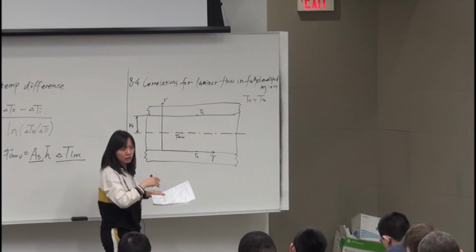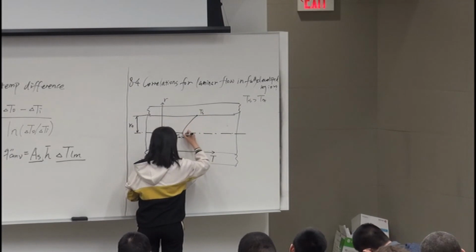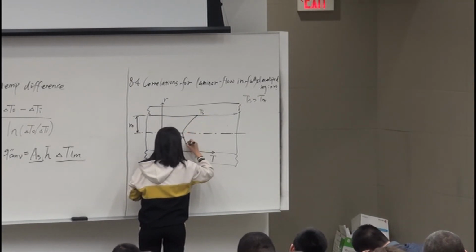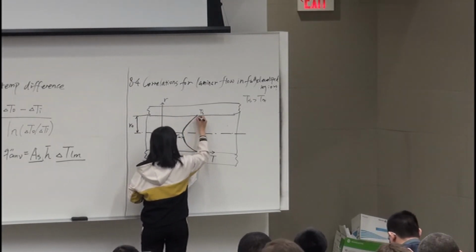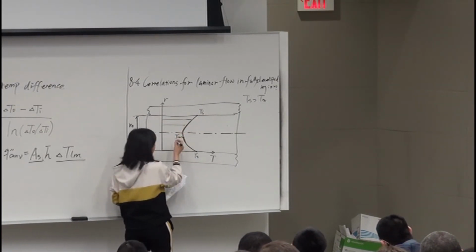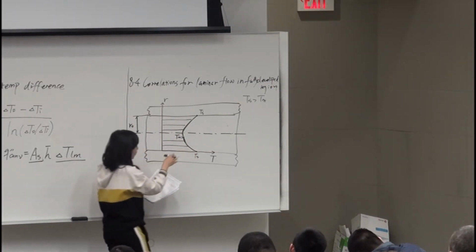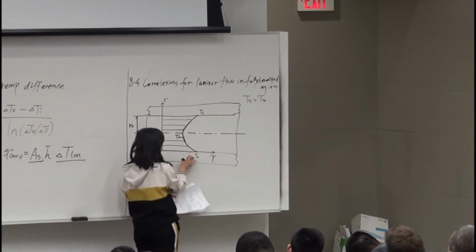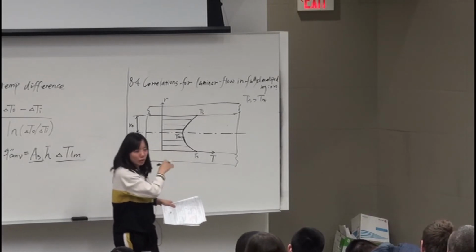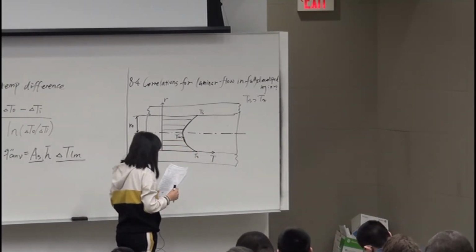So it is not always the same. And we briefly mentioned it has a parabolic-looking profile, but not exactly the same, because our maximum temperature is not always twice the mean temperature of the profile.